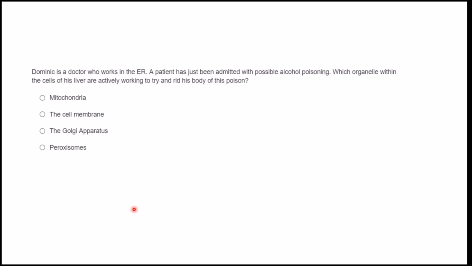Dominic is a doctor. In the ER, a patient has just been admitted with possible alcohol poisoning.